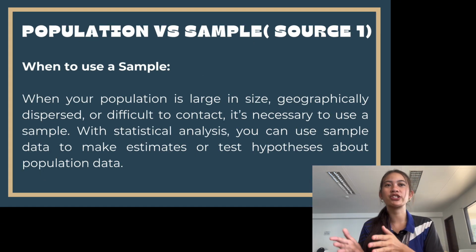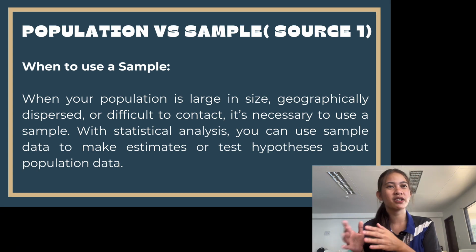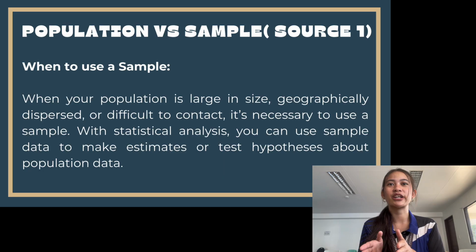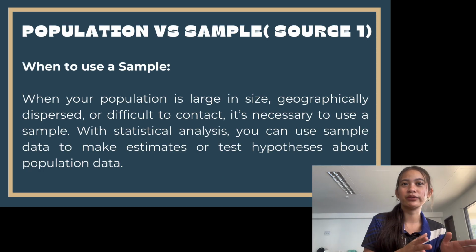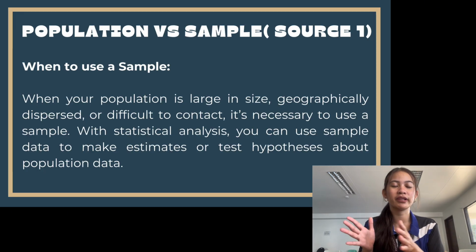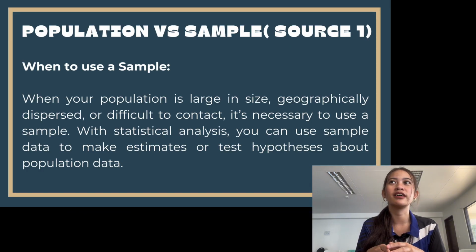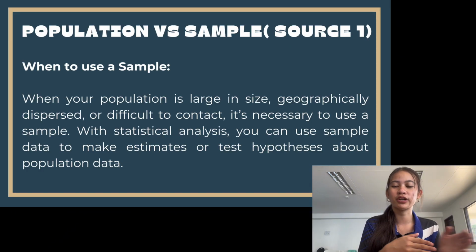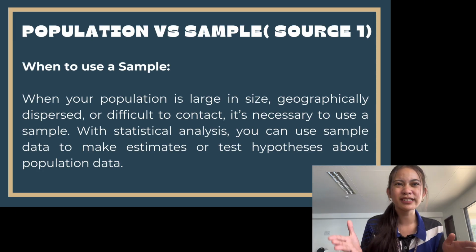Then here we have when to use a sample. When your population is large in size, geographically dispersed or difficult to contact, it is necessary to use a sample. With statistical analysis, you can use sample data to make your estimates or test hypotheses about population data. For example, you want to research in seated, but the population of seated is likely 1,000.